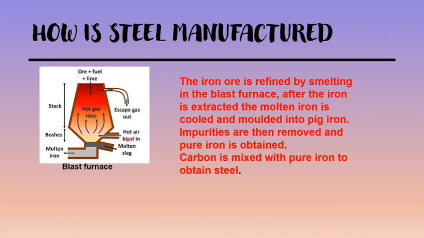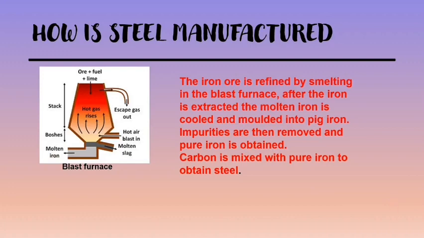The blast furnace is fed with iron ore that has a lot of impurities, along with lime, and a lot of hot air and gases are blasted into it, which helps in melting the iron. That is, it separates the slag, or the impurities, from the iron.